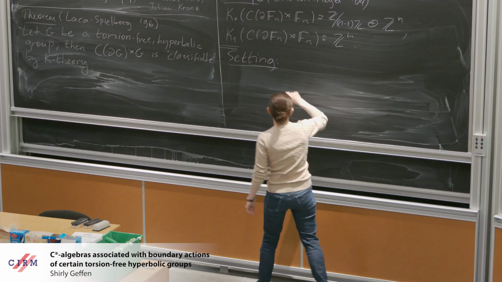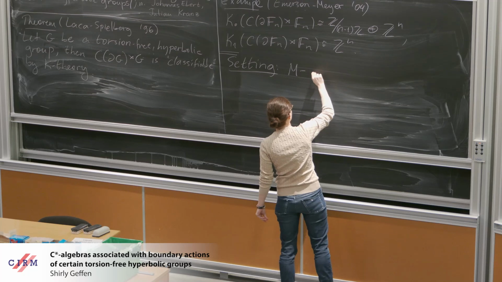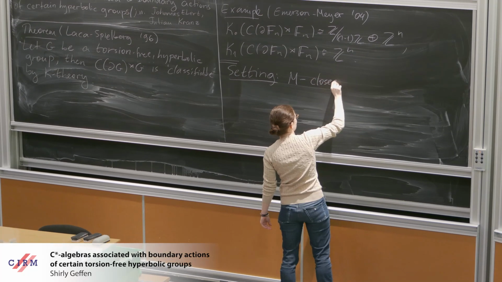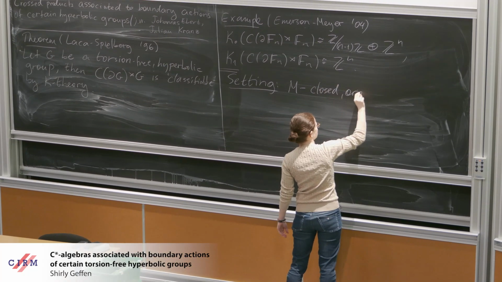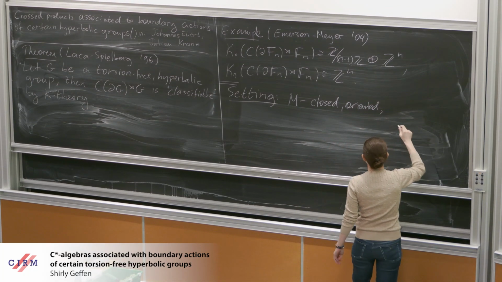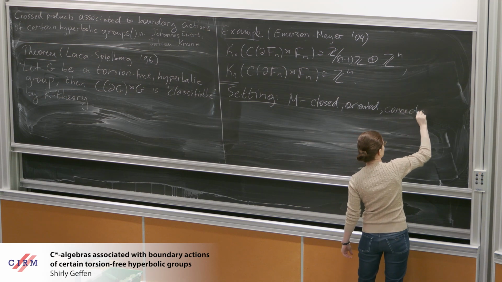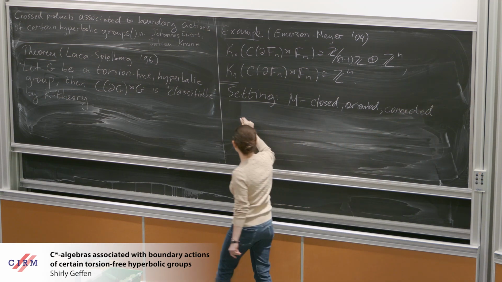So I have to make some setting in order to say which examples we consider. So let's fix M to be a nice closed oriented connected three-dimensional hyperbolic manifold.